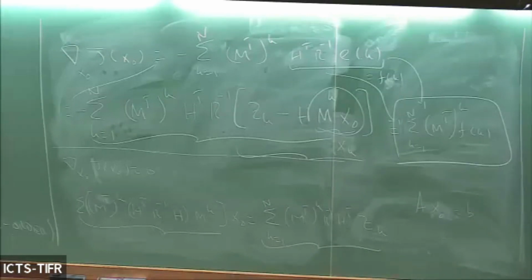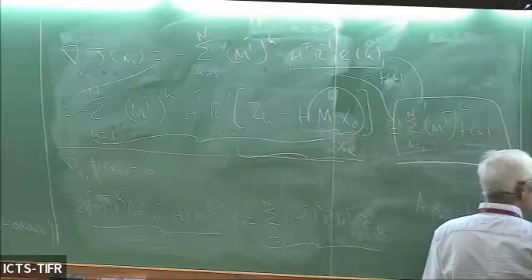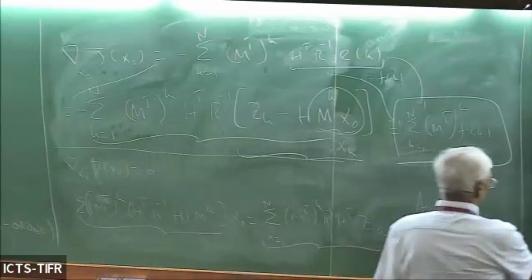So what is the last step? The last step is to get a good algorithmic way to compute the gradient while not doing matrix-matrix multiplication. But before I do that, I want to explain some of the terms in here to give some physical meaning to it.